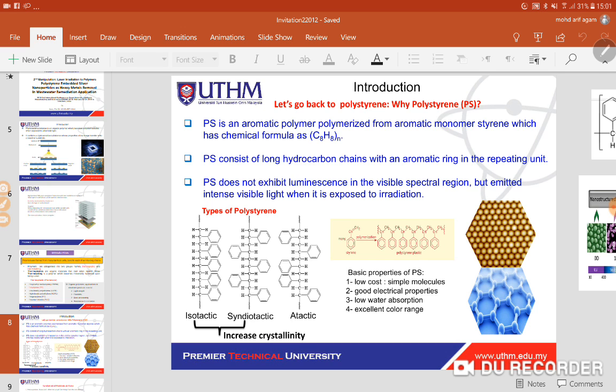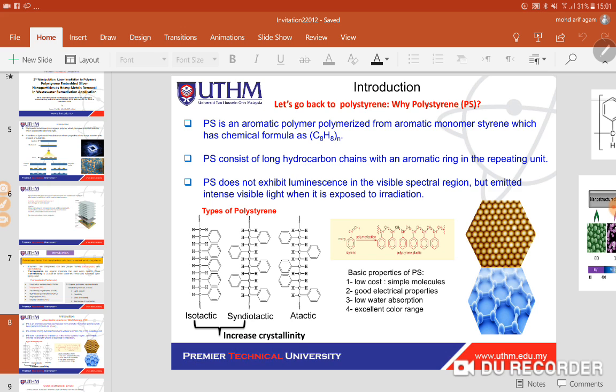Okay, so in our case we are interested in polystyrene, because polystyrene is the basic unit of polymer. We have C8H8 with n repeated units, the C8 and H8. Then it consists of very limited elements, only carbon and hydrogen. Besides, probably they will be interacting with oxygen in the air.